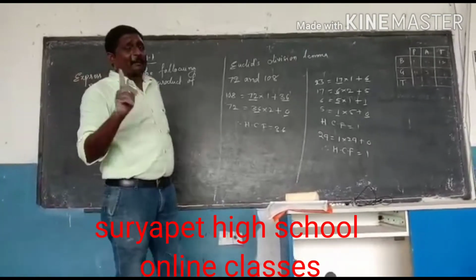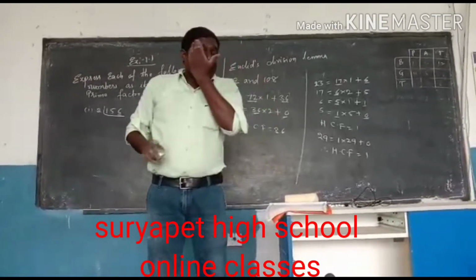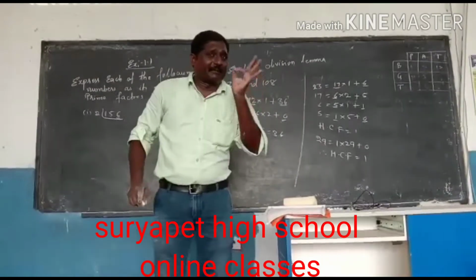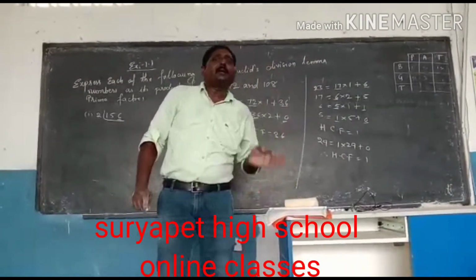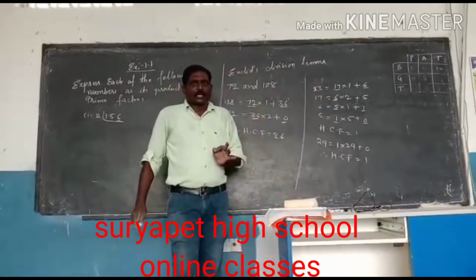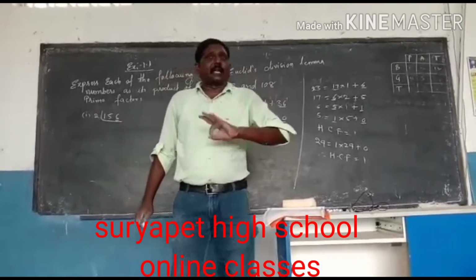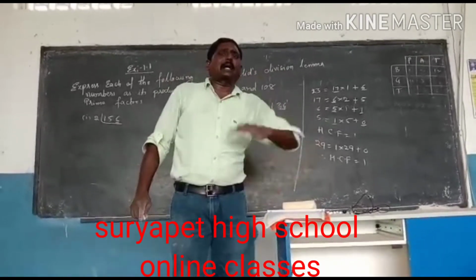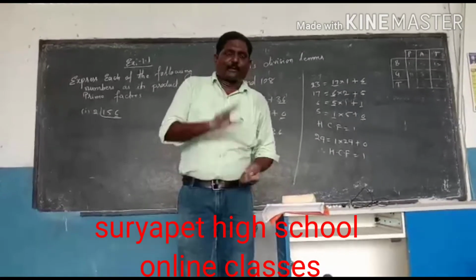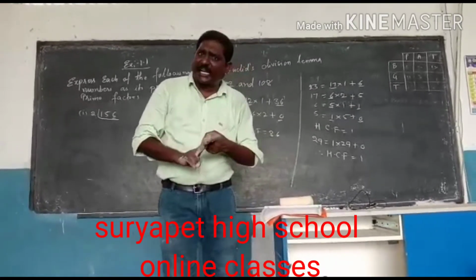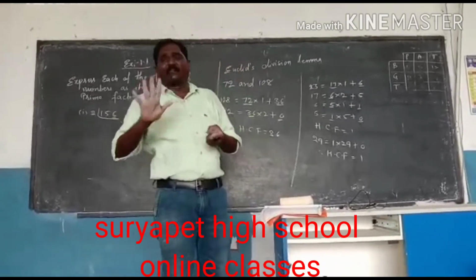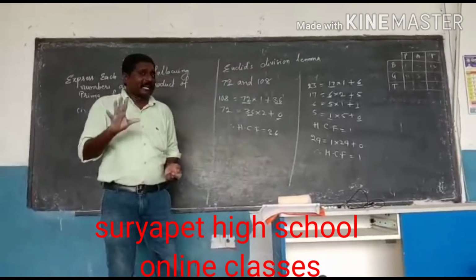You know very well about prime numbers and composite numbers. Prime numbers means the numbers which are divisible by 1 and itself. And composite numbers means the numbers which are not prime. You know very well that prime numbers are 2, 3, 5, 7, 11. Such type of numbers are prime numbers.